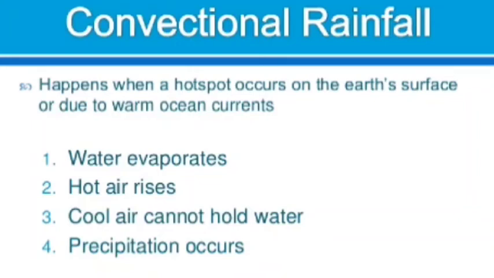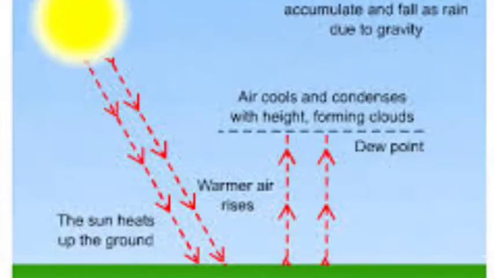The warm air mixes with the cool air. Then the cool air cannot hold water any longer, so precipitation occurs on the ground. Understand? This is known as convectional rainfall.